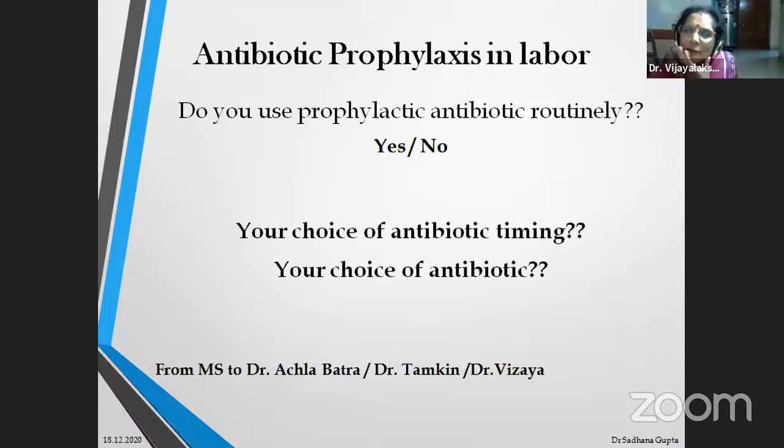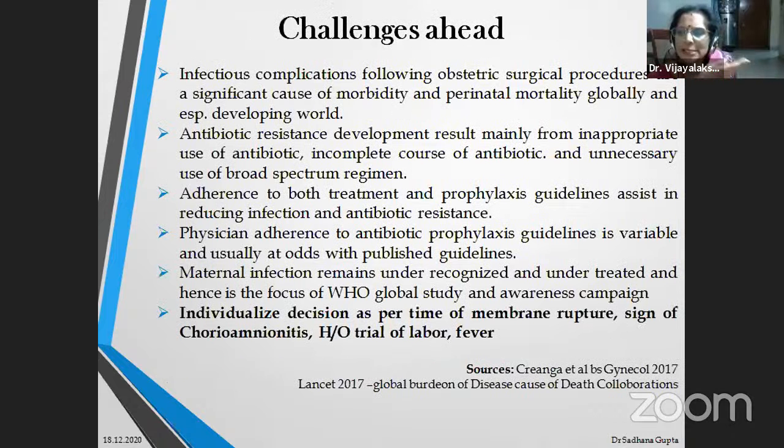For us, normal delivery, no antibiotic. And of course, for cesarean, we give just one dose after clamping the cord. Routine use of antibiotic is not there. If at all, we give only when there are ruptured membranes, not pre-labor but mature rupture of membranes, or when the patient is diabetic.